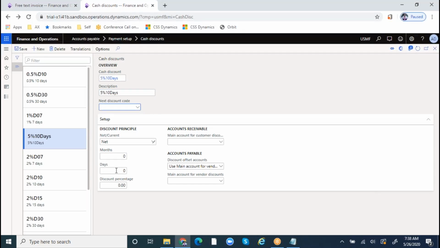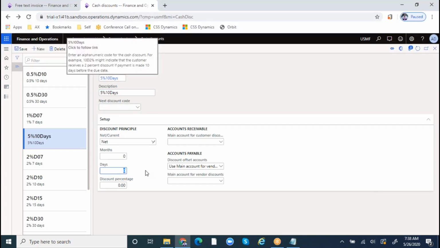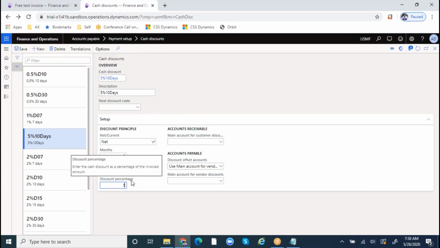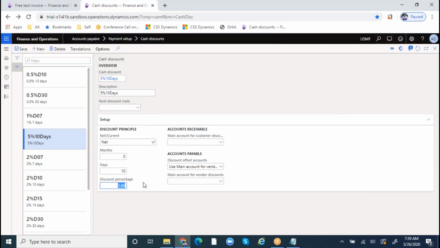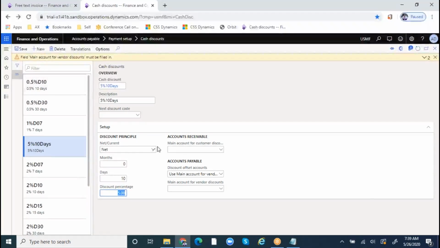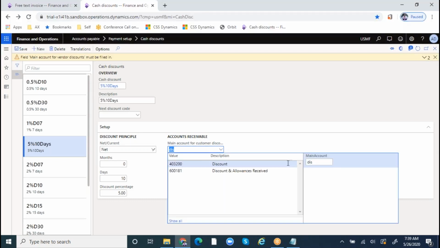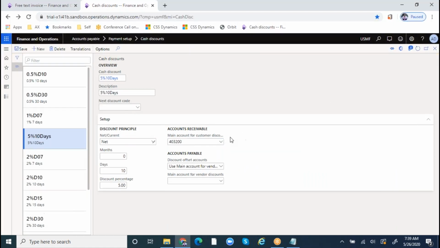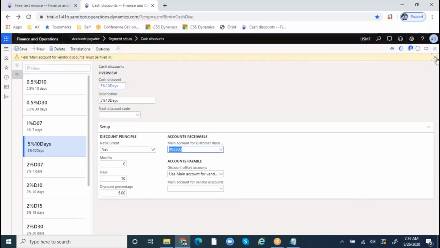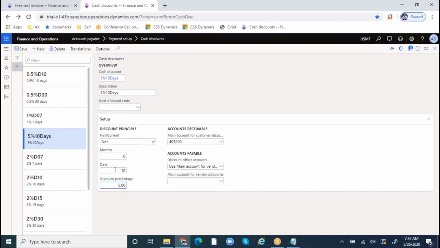So here, if you are going to pay within 10 days, I will give you 5% discount. Give me 1 second. Let me map the discount account. So I'm just giving an offer to my customer. Pay within 10 days, I will give you 5% discount.